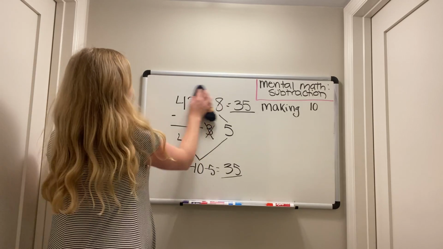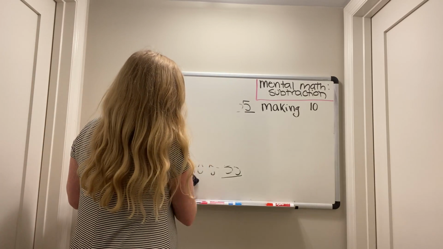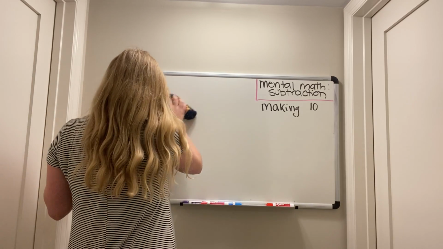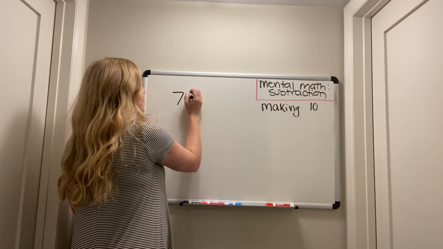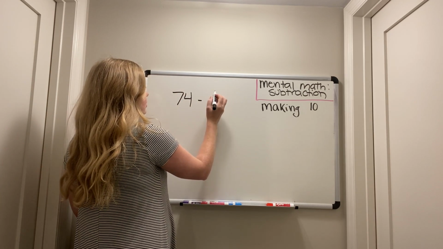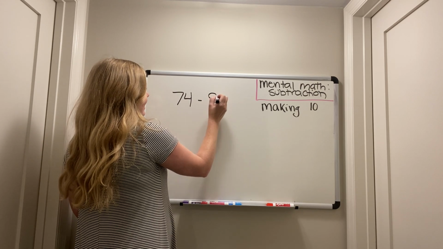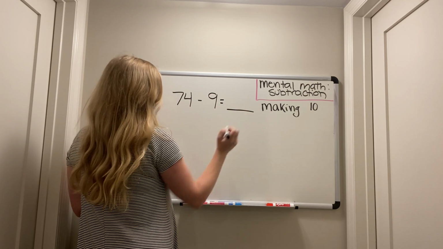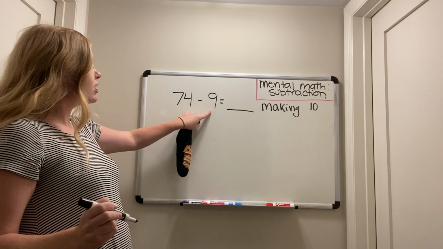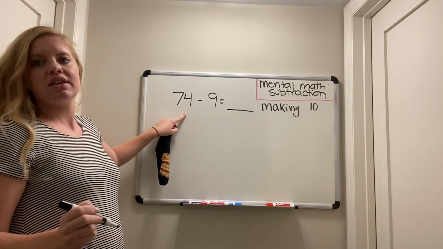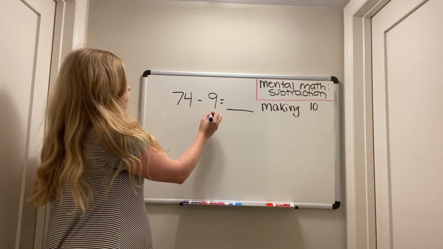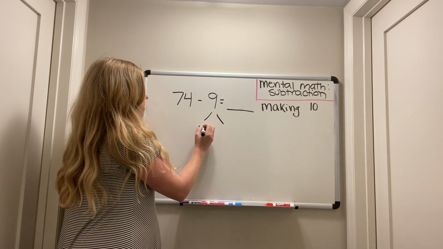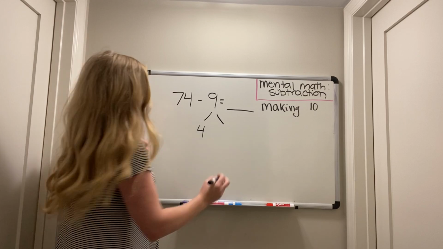Let's do one more together, and then one on your own. All right, what if we had 74 minus 9? Okay, what would we want to turn this 9 into in order to get this to 70? What 2 numbers? 4 and a 5.